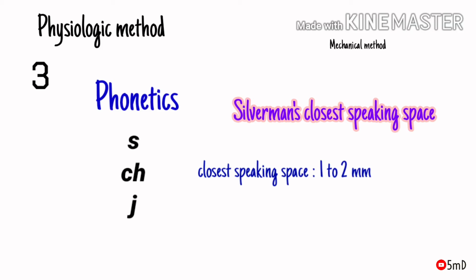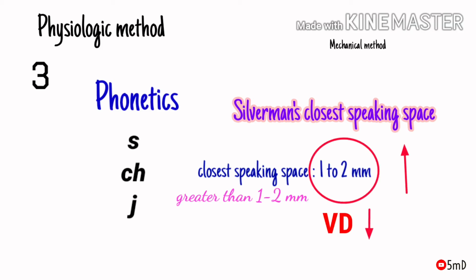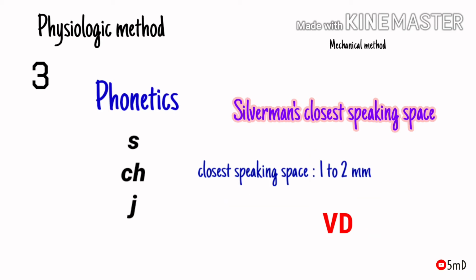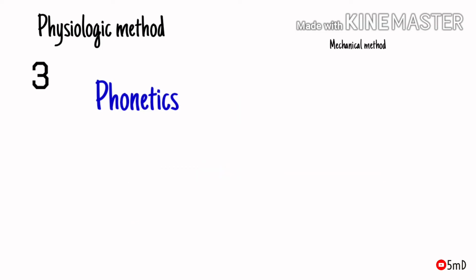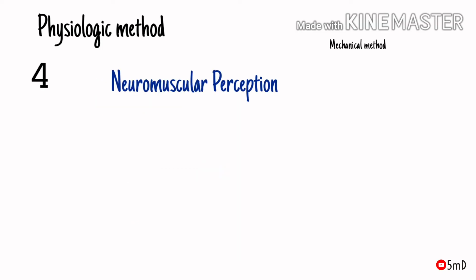If the gap is more than that, then the vertical dimension at occlusion is very small and has to be increased. But if the occlusal rims come in contact while pronouncing the sounds, that means vertical dimension at occlusion is too much and should be reduced. The next method uses neuromuscular perception. Two devices are used.